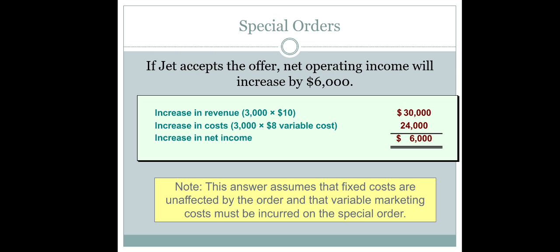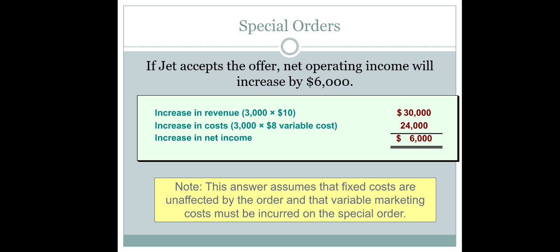There is no increment in fixed cost because, like I said earlier, fixed cost is fixed. No matter how many units you produce, the fixed cost will not change, provided that the production is still within the capacity. But if the production is more than the capacity, then there will be an increase in fixed cost.